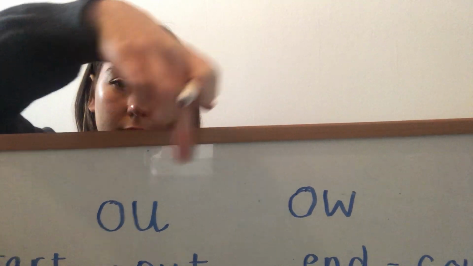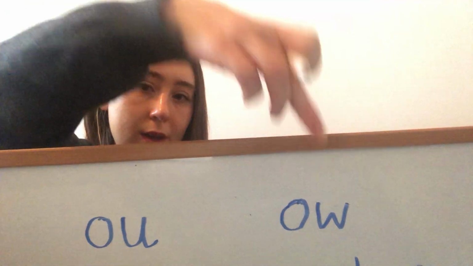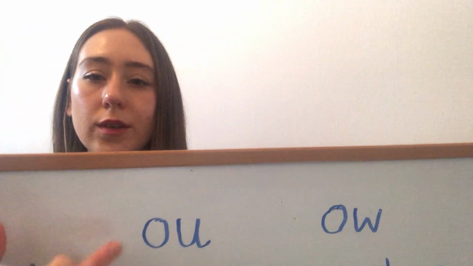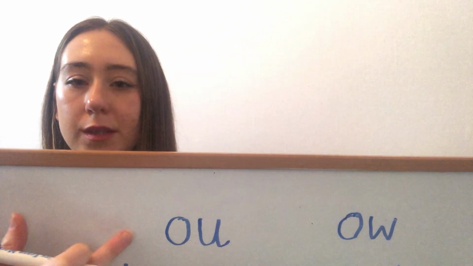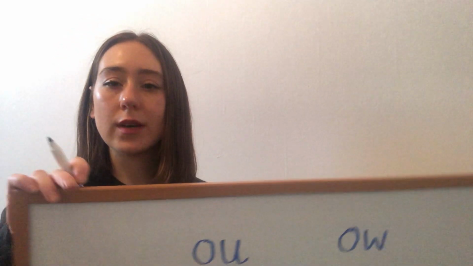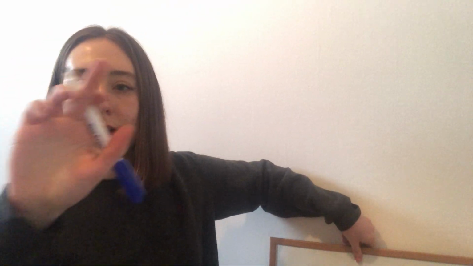Now we'll trace this one and do the formation of this one first. So let's do it in the air together. We have our aw and makes ow, aw, makes ow. Well done.